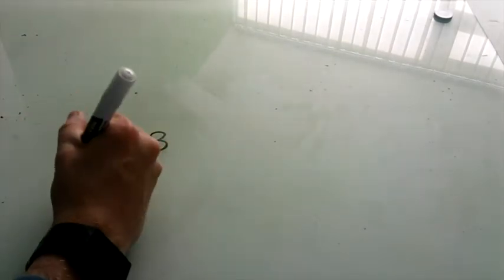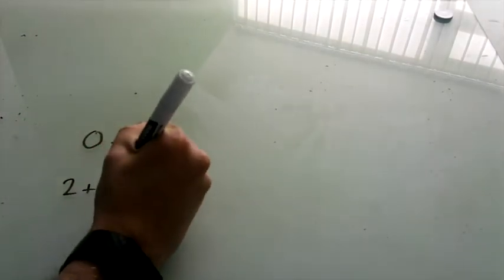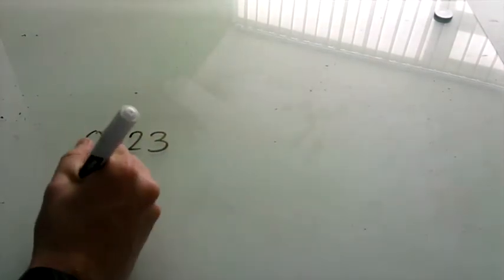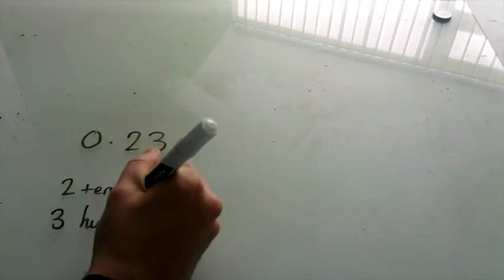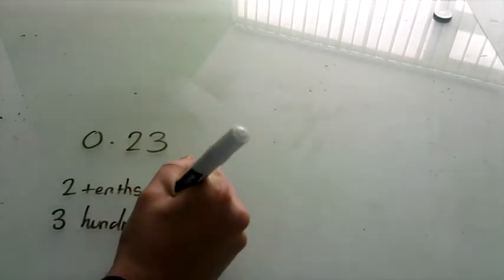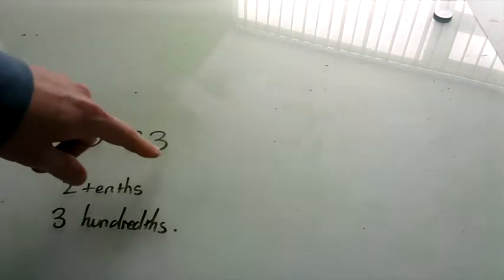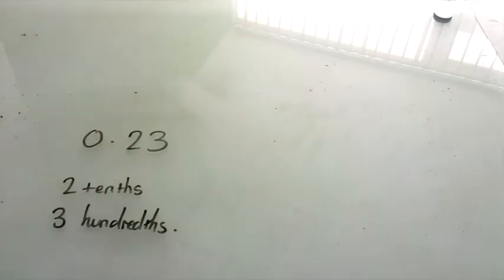Let's have a look at this one. We've got 0.23. So we've got nothing in the ones column. We've got 2 in the tenths column. We've got 3 in the hundredths column. So when we're writing a fraction, we always look at what is the lowest value.